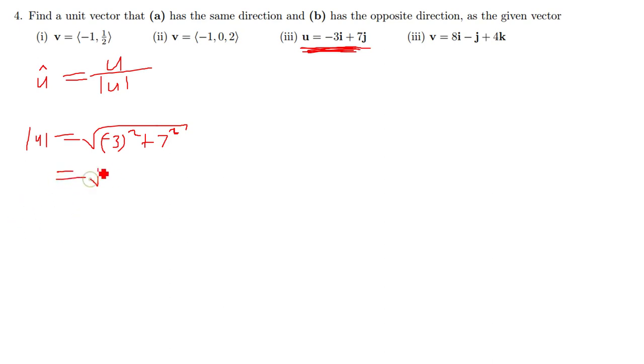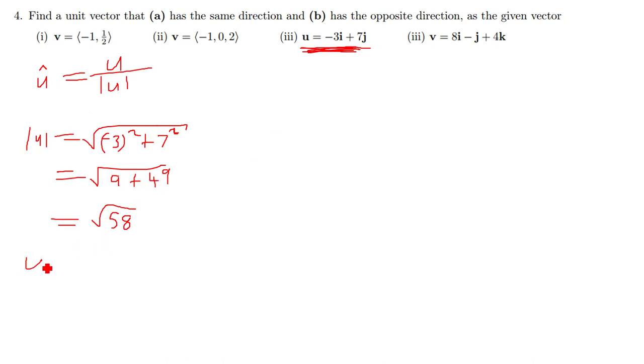So we have 9 plus 49, which will give you 58. So the square root of 58 is the magnitude of u.